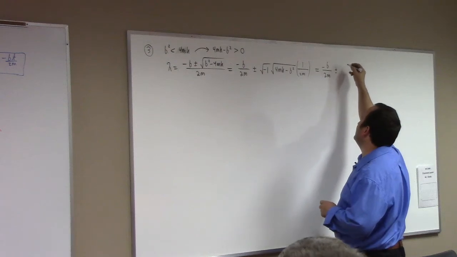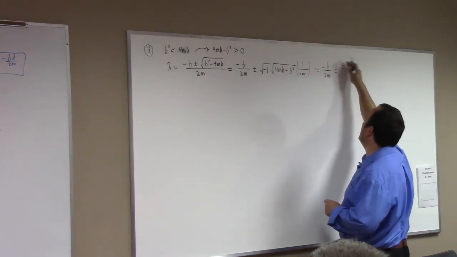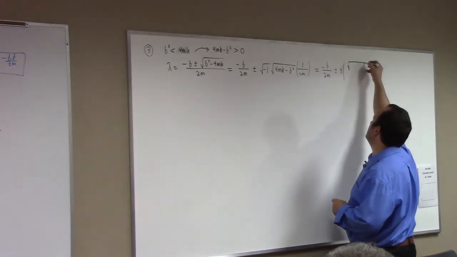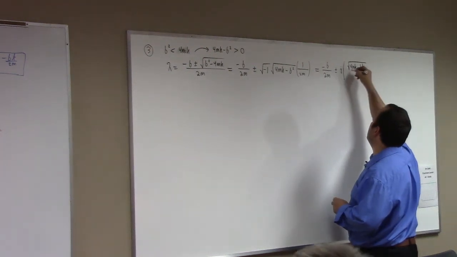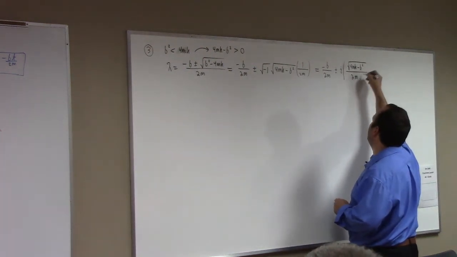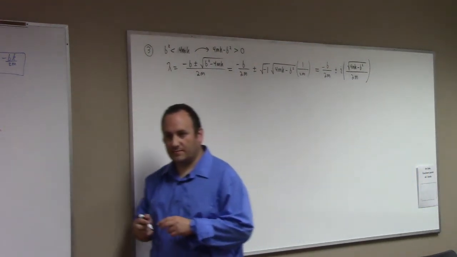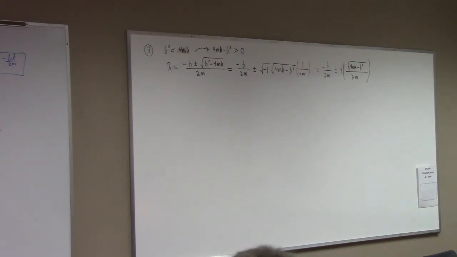Minus b over 2m plus or minus i times the square root of 4mk minus b squared, divided by 2m. Are we all on board for that? So the reason I did that is I want to write it as a genuine complex number where I can see the real part and the imaginary part clearly.